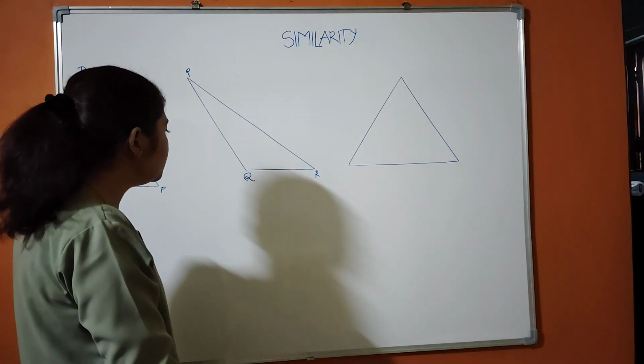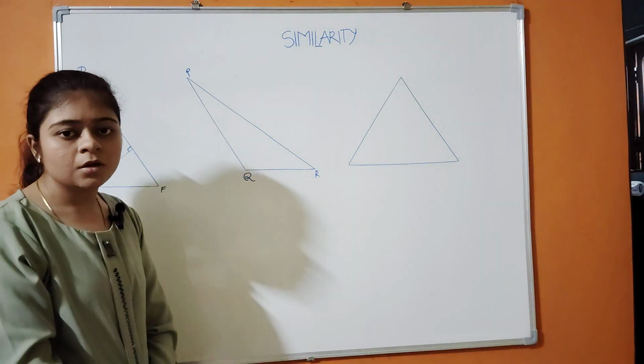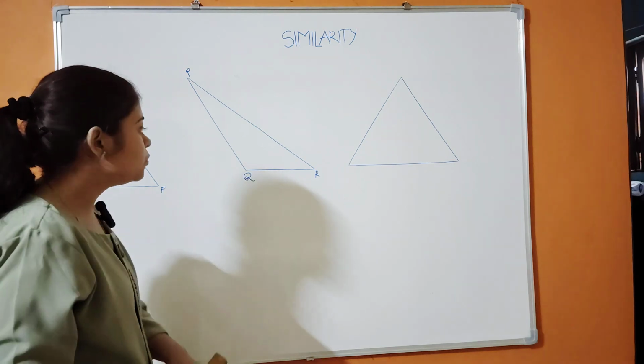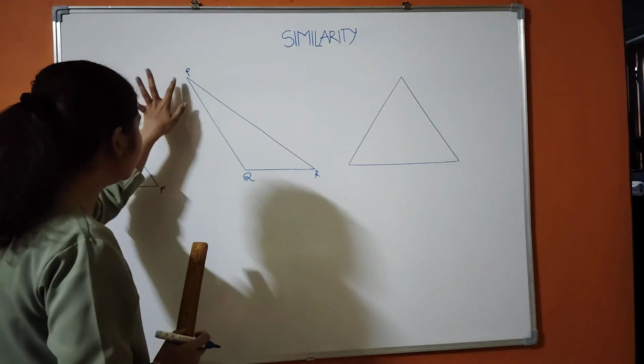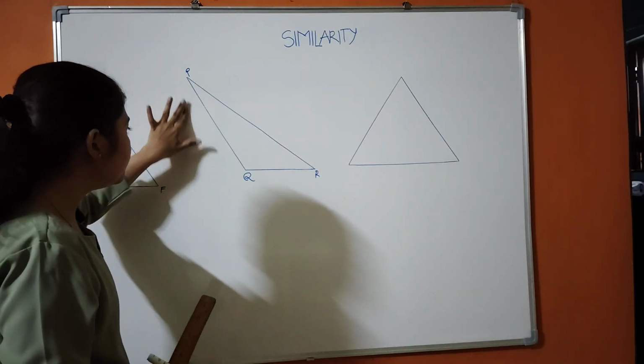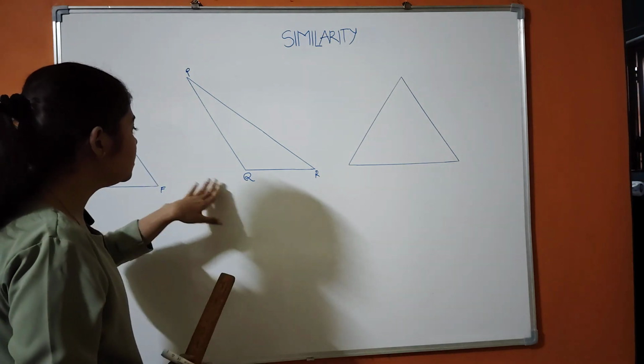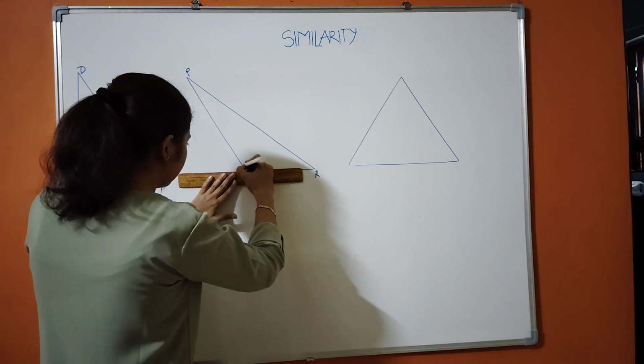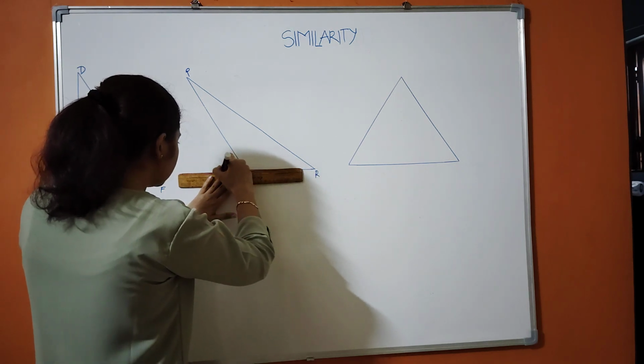Do you think PQ is the height of the triangle? Does it look like an altitude? No. So we draw the height from vertex P perpendicular to the base. We extend the base QR. First we extend the base.